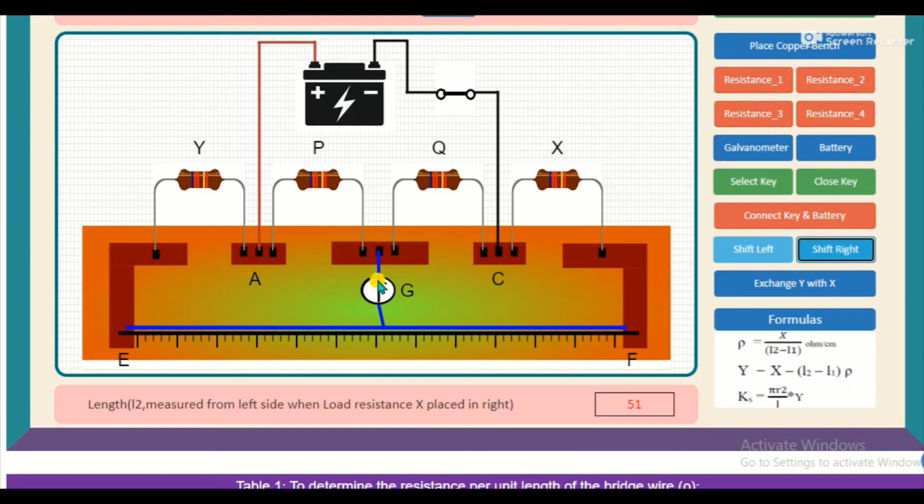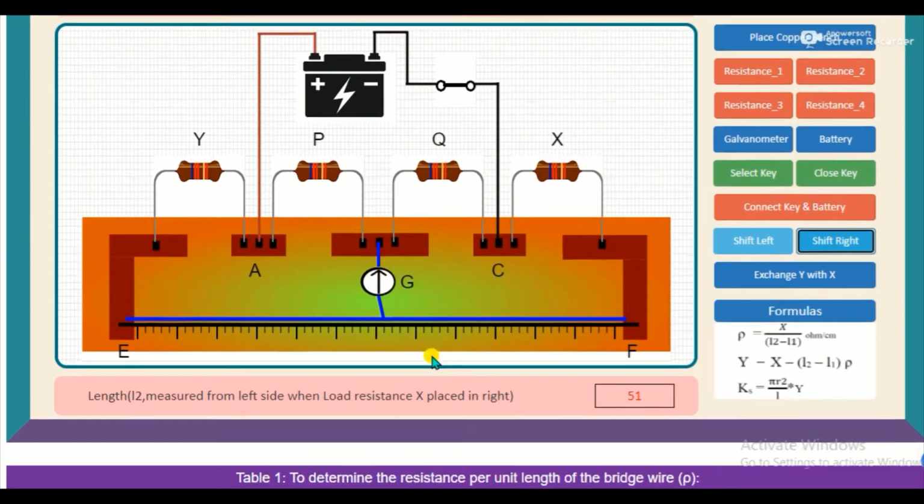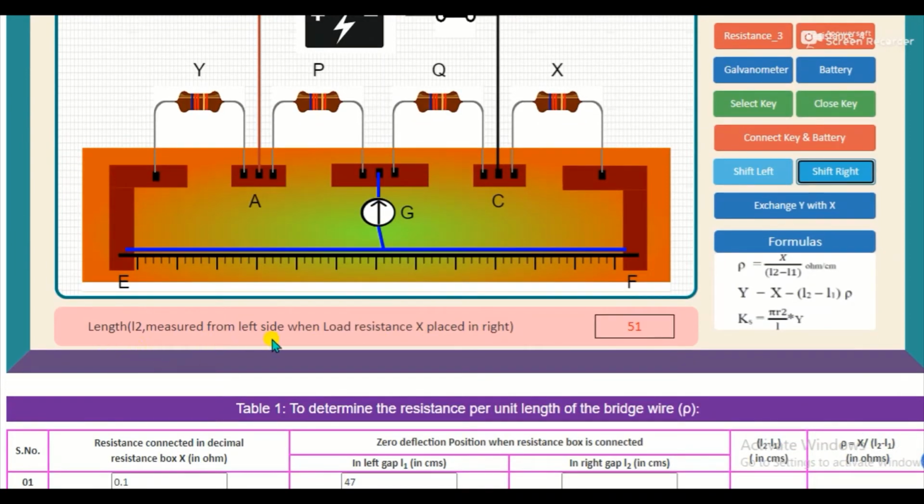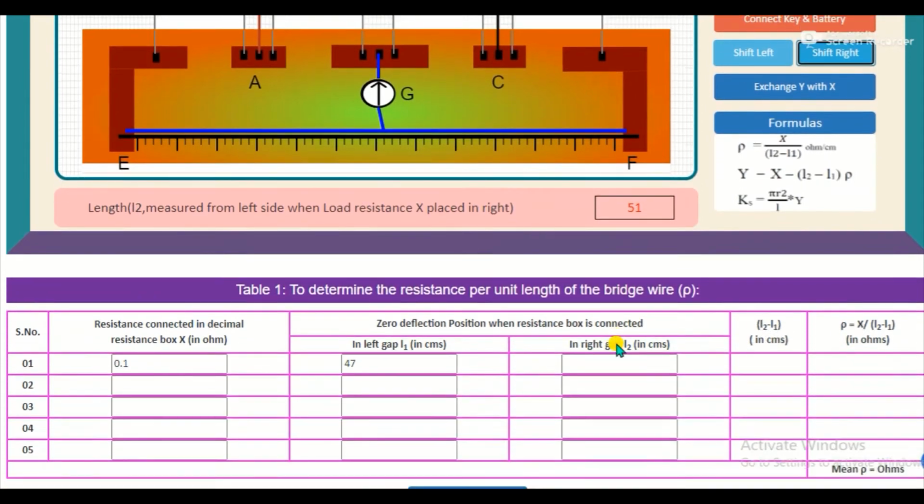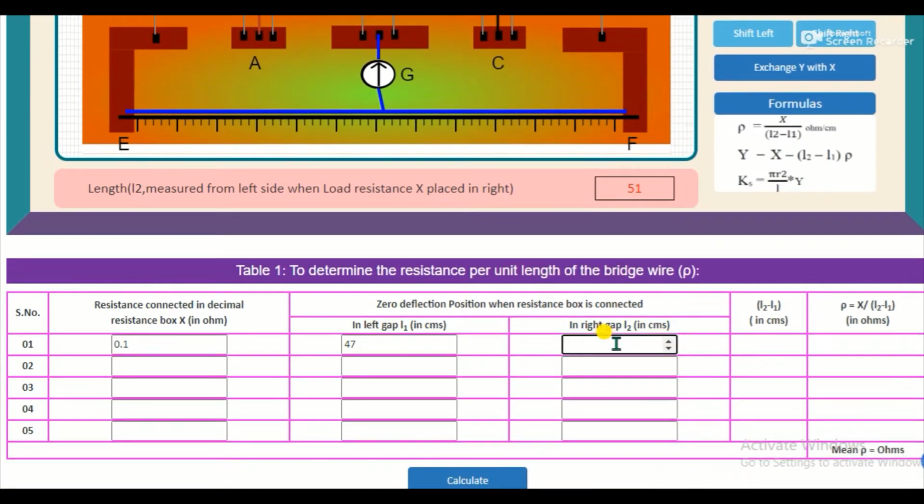Now the length L2 is measured from the left side when load resistance X is placed in the right gap. This is 51 centimeters, so let us write it here. It's obviously in centimeters, it's already mentioned.